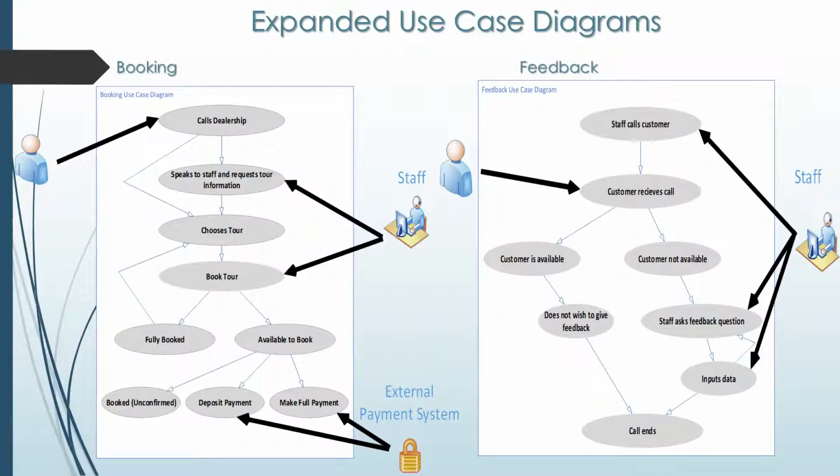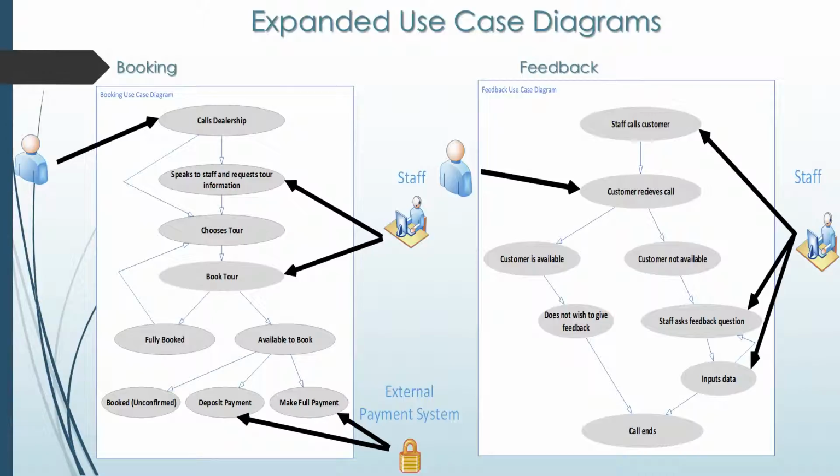Book tour then comes into action, where it could become one of two states, available or fully booked. The path for fully booked allows the staff member operating the system to revert back to the previous process to choose tour if the customer wishes to potentially book another tour, or simply the use case may end at this point.